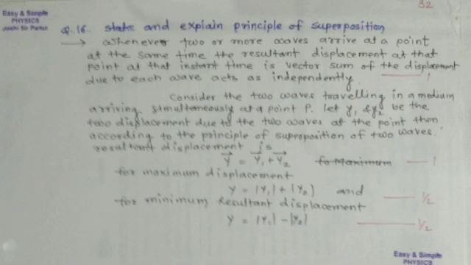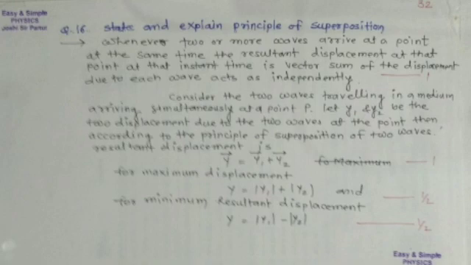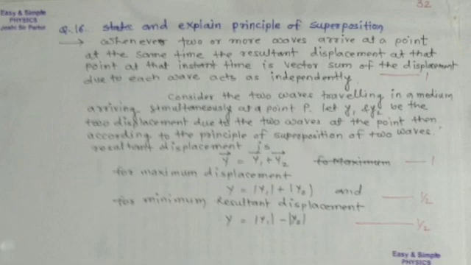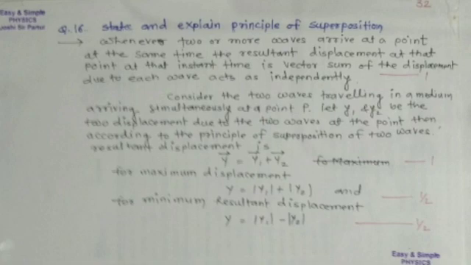Consider two waves traveling in a medium arriving simultaneously at a point P. Let y1 and y2 be the two displacements due to the two waves at the point.